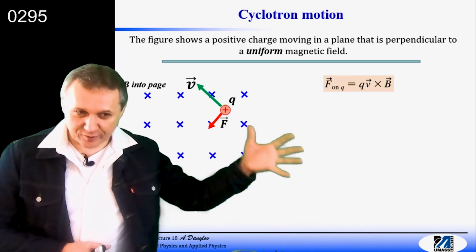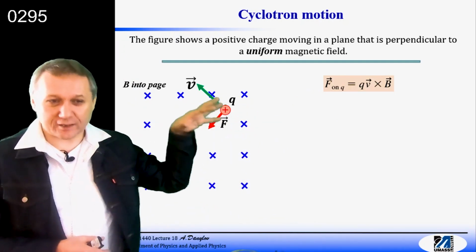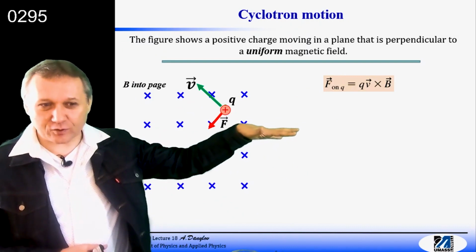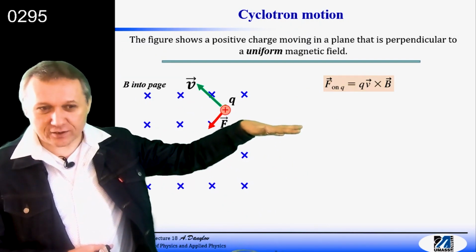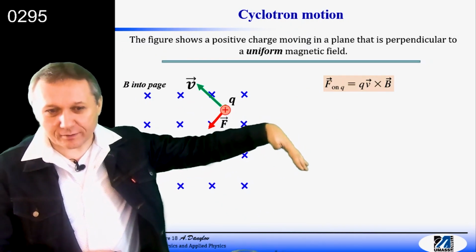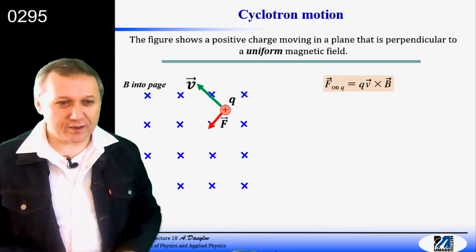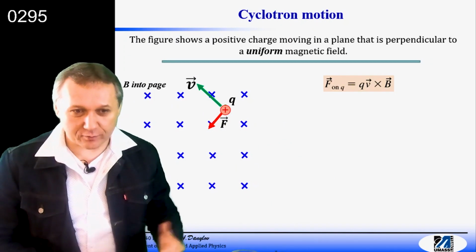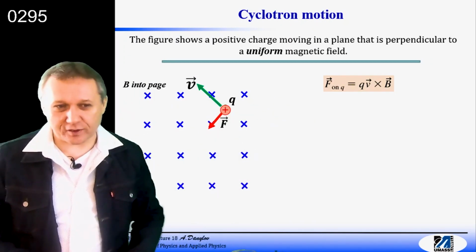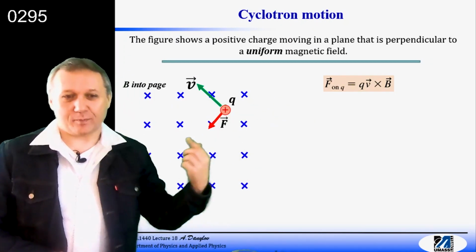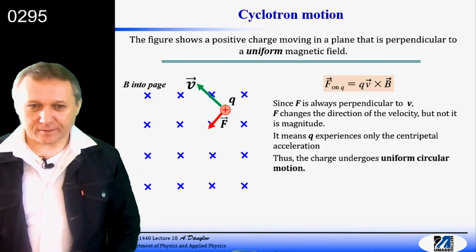Again, that force was perpendicular to the direction of velocity. It couldn't change the magnitude of the velocity, only its direction. As a result, we had circular motion around the Earth. Now we're going to have circular motion in this magnetic field.